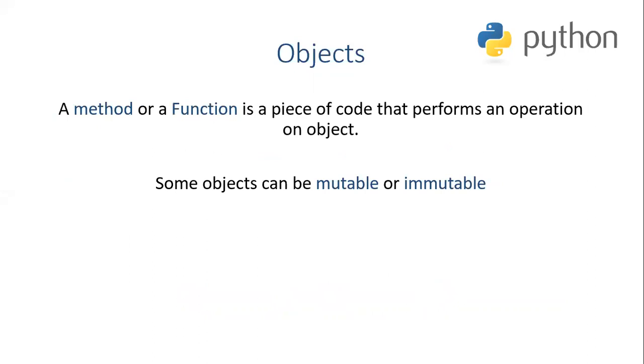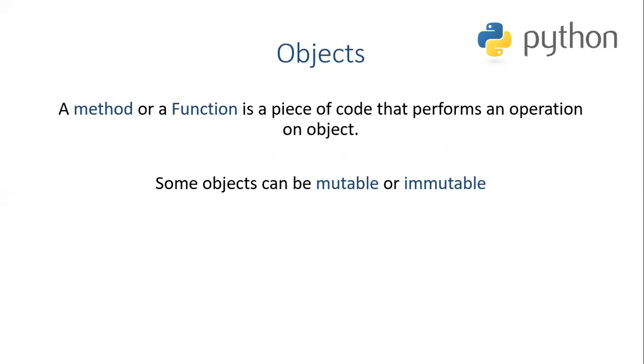Each object contains different types of methods or functions based on the data type. And we should also remember something important: some objects can be mutable, some objects can be immutable. Mutable in the sense that once you have created an object with a value, and later if you want to change the value, you should be able to change it.